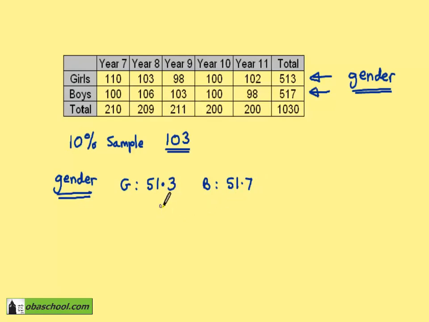Clearly we can't have 0.3 of a girl or 0.7 of a boy, so we need to round. If we took 51 girls in the sample and 52 boys in the sample, that would give us a sample of 103, and the number of girls and the number of boys would be proportionate to the total number of girls and boys in the school.